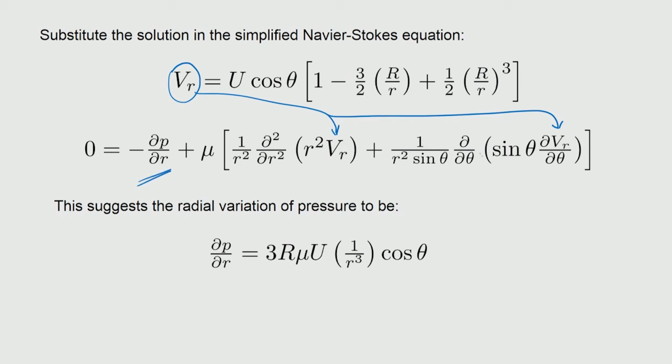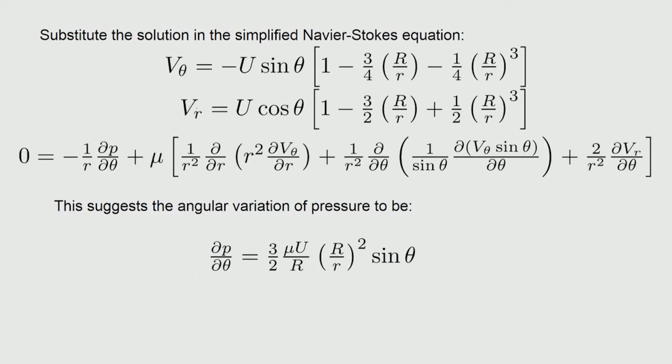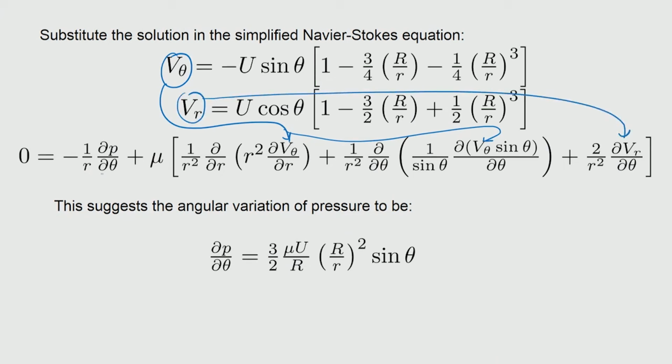So, we do that, we substitute and see that we get a condition which we need to integrate to get the P. So, we got the condition for pressure variation in the radial direction, given that the radial velocity component is so and so. So, we have got one term there, and similarly we substitute the theta component here, and we substitute the r component here, and we can then get the pressure variation in the theta direction.